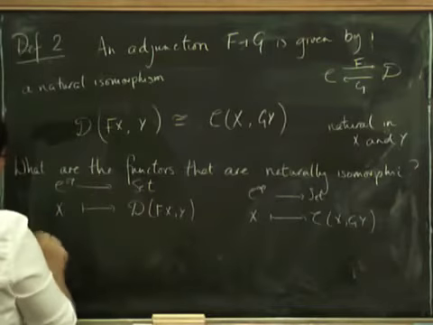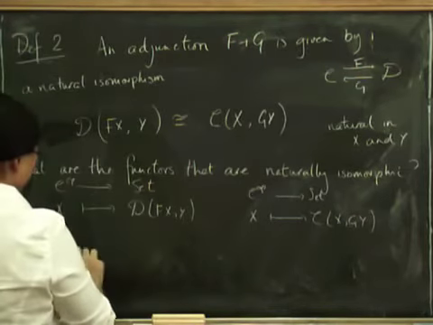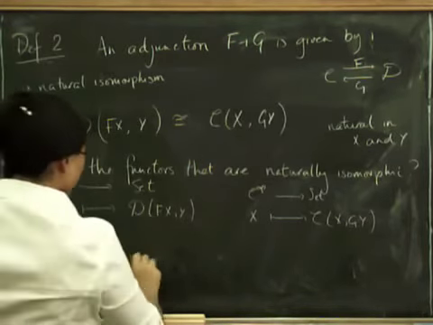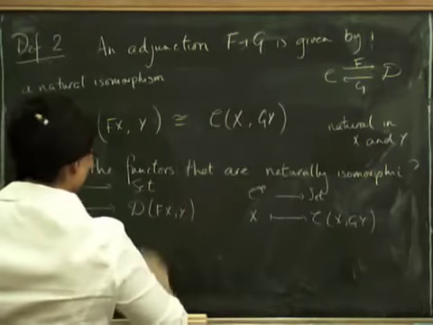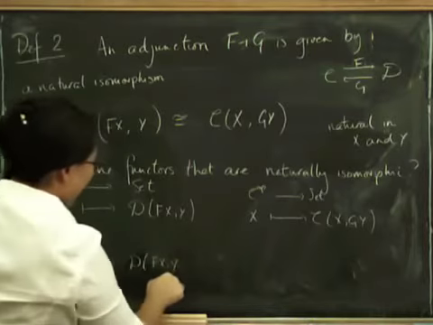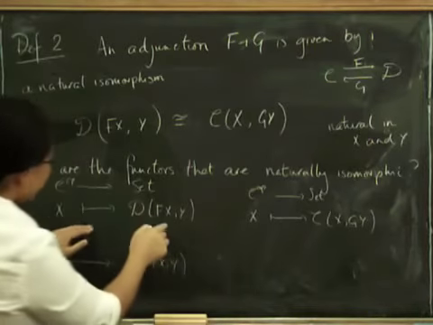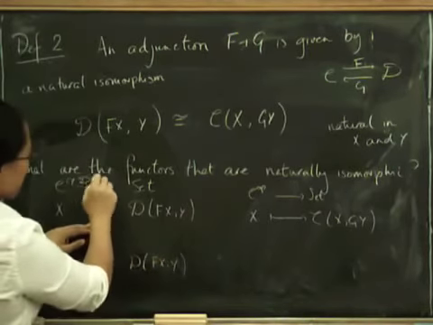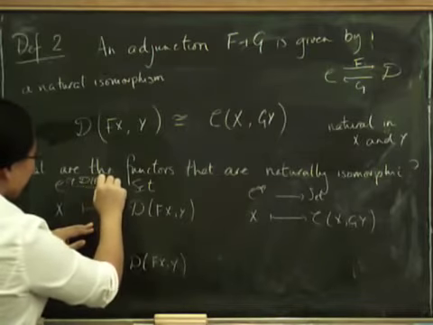So the other one is sending y to, well, let's do this one first, I suppose, so here y is the variable. Another way of writing this functor is D of F blank, y.